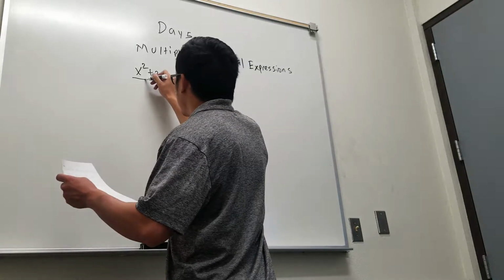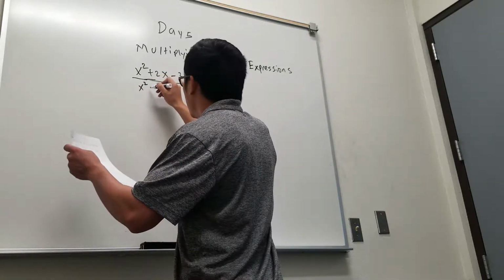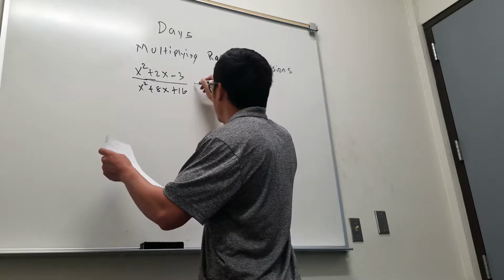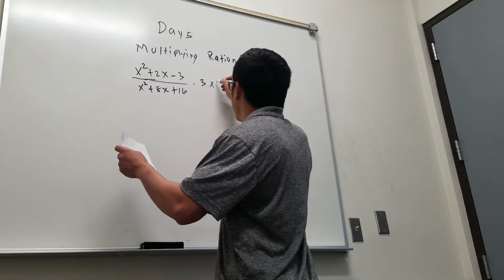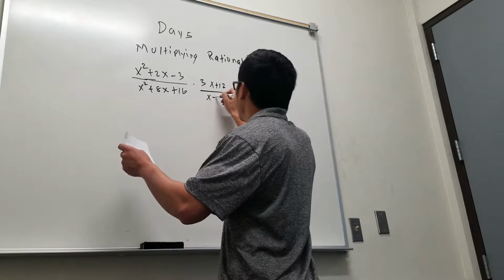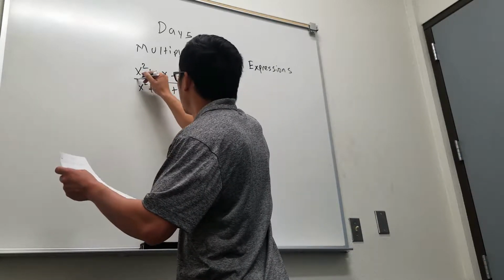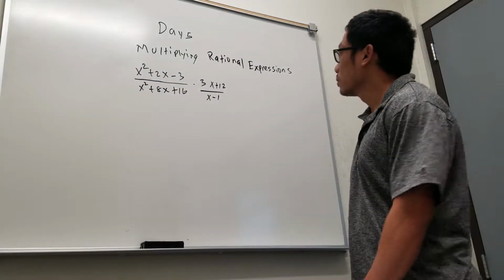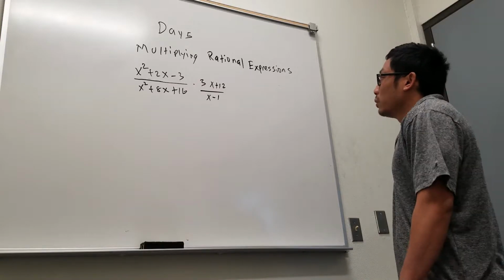It's better if I just bring it with me. Times x squared plus 8x plus 16 over 3x plus 12, and x minus 1 over x minus 1. Okay. So we have to simplify.